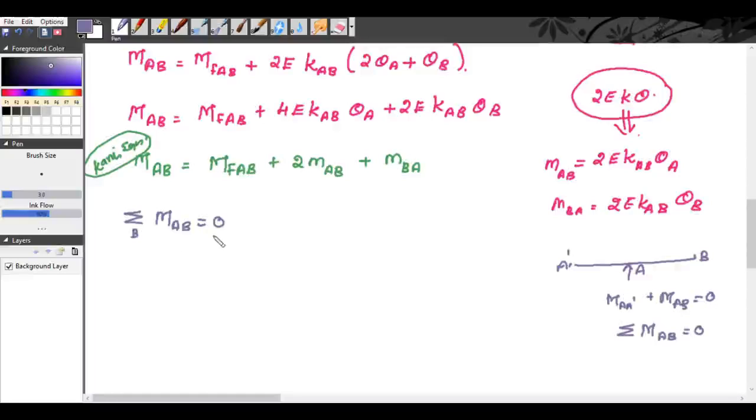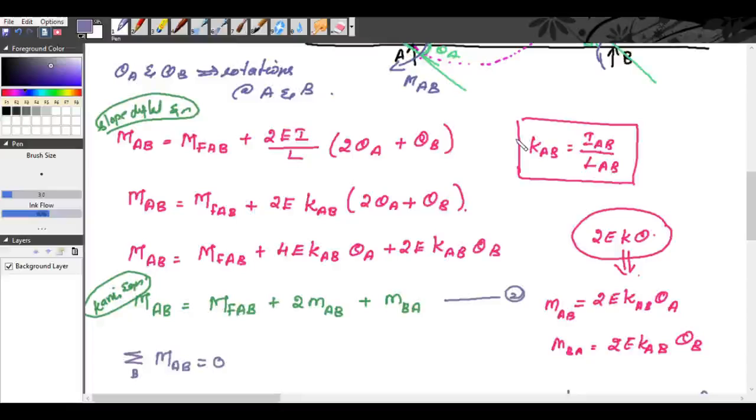So sigma B of MAB is equal to 0. This is Kani's equation, which we will take as equation number 2. This is the slope deflection equation as equation number 1.